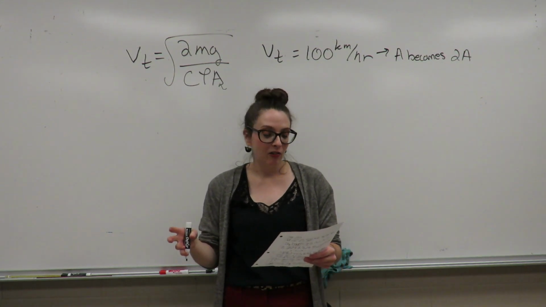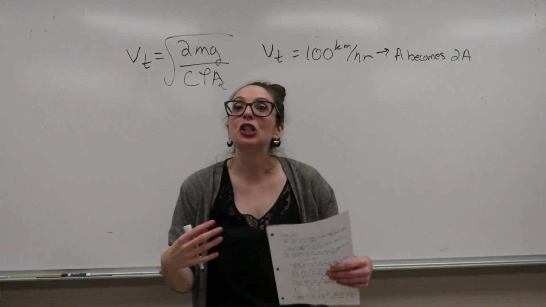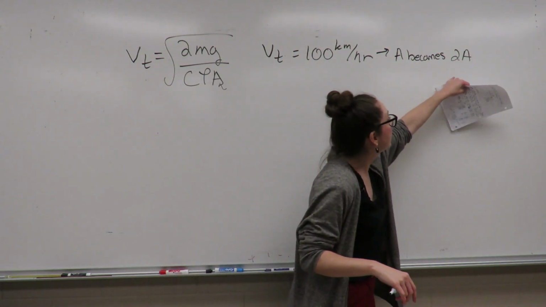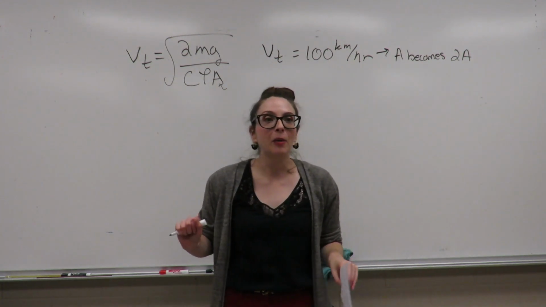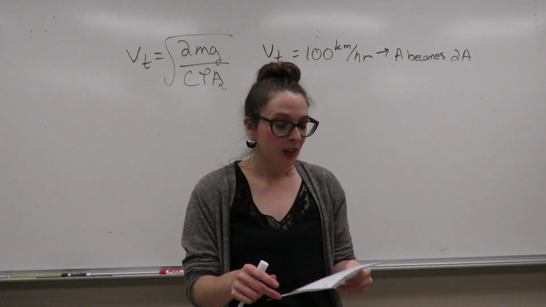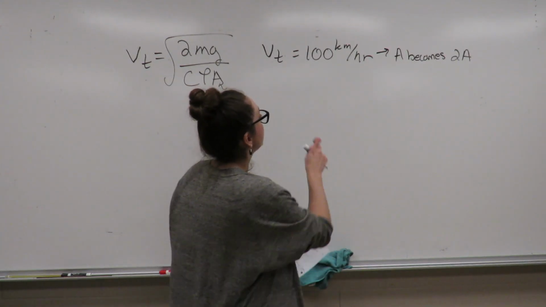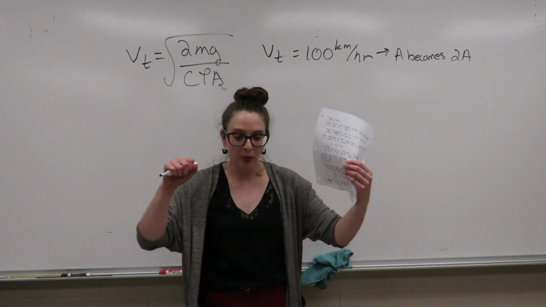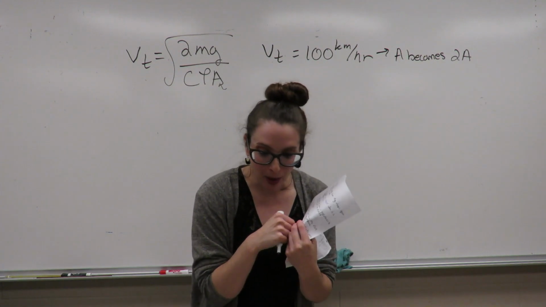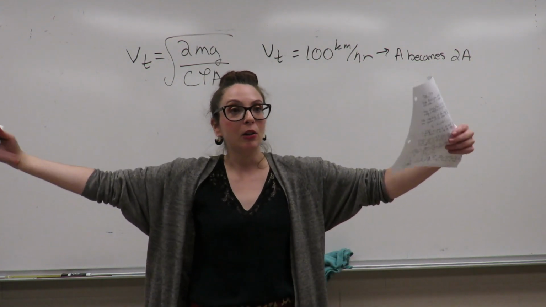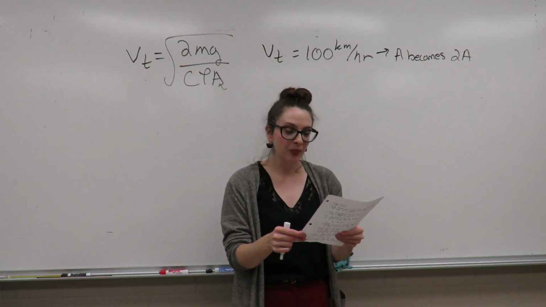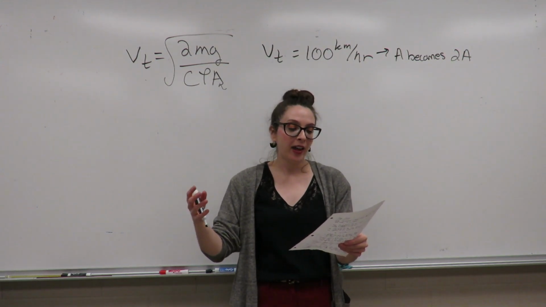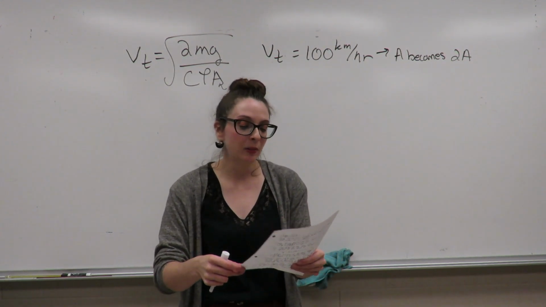How fast is the cat falling now when it reaches its new terminal speed once it stretches out and doubles its cross-sectional area? So the only thing that changes between these two different situations, the cat was initially curled up in a ball, but then it spreads out and increases its cross-sectional area. So that's the area of the cat perpendicular to its falling motion.